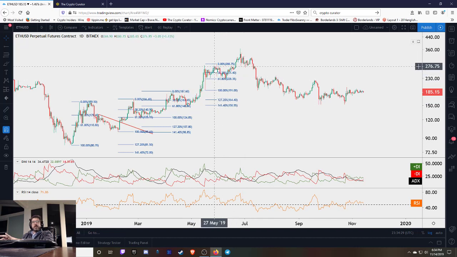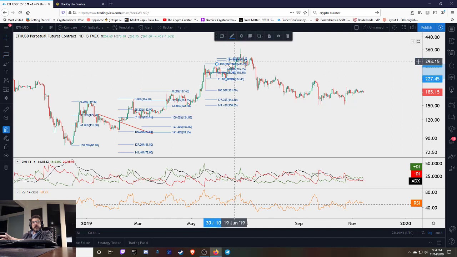And then we go into this next level. So if you go in and do the same kind of thing again, I know it's repetitive, but it's really interesting how it works. If you put this high down to this low right here, you've got 141.4 right here, and that could be an area of selling.